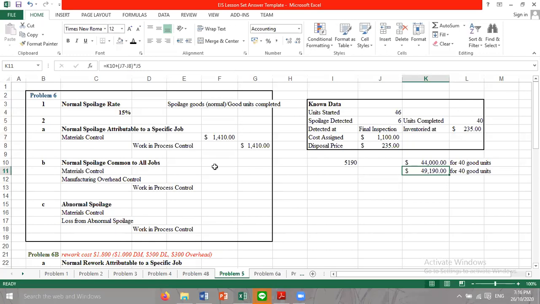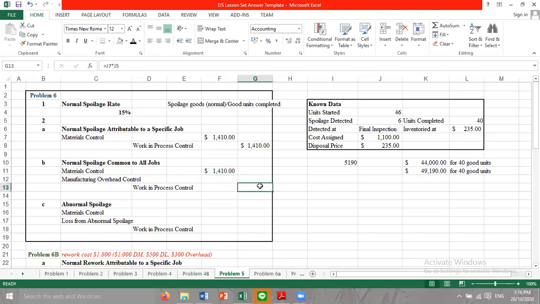Now, if it's common to all jobs, once again, according to the theory, we debit materials control for the residual value to acknowledge that there's at least some residual value left in the materials control, which is 235 times 6, which is 1,410.